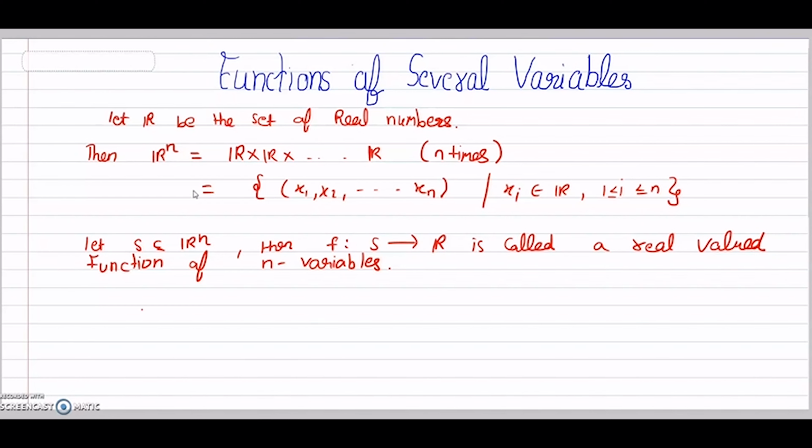So if we take R^2, then it equals (x1, x2), where x1 and x2 belong to R, and a function from S, which is a subset of R^2, to R is called a real valued function of two variables.